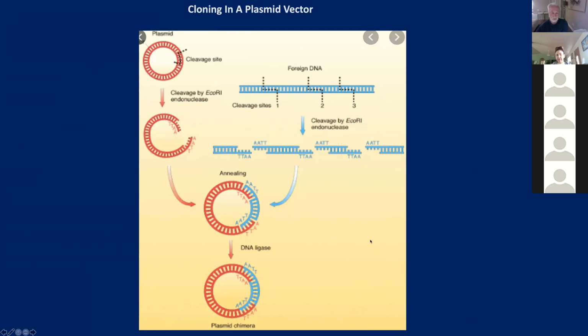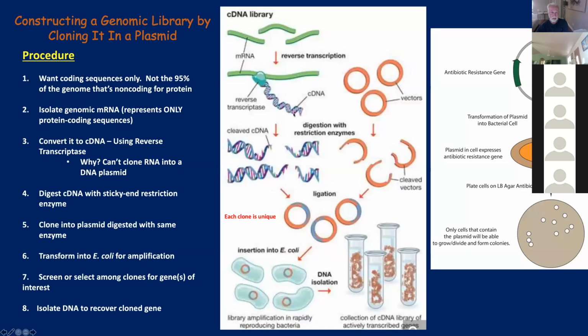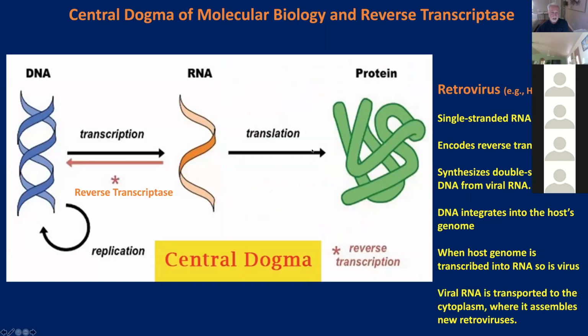So to review for the test, go back to the video recording of that lecture where I described these things in detail. This is how you clone into a plasmid vector. And in this case, this is how you make a library of DNA in a plasmid vector. And essential for many of these processes is an enzyme called reverse transcriptase, which converts RNA to DNA.